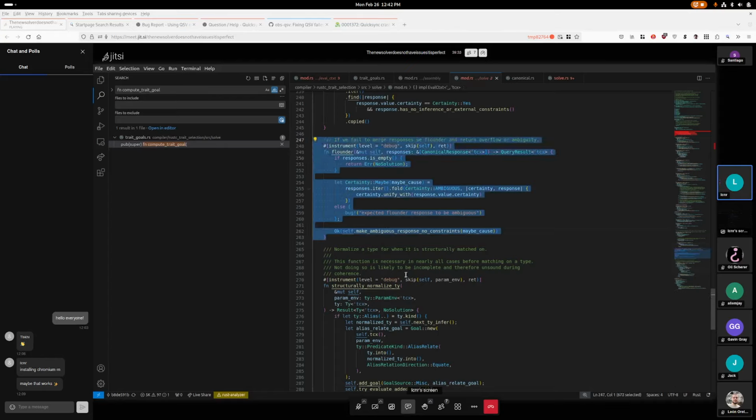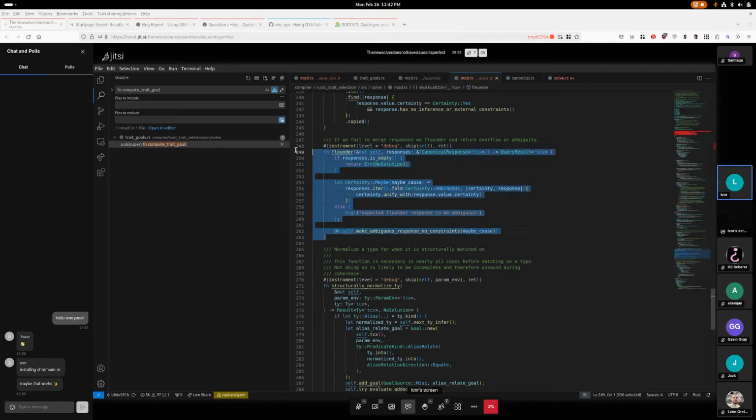And another very big change from the old solver is the way we handle normalization. The core idea is that the new solver does not rely on things being normalized anywhere.